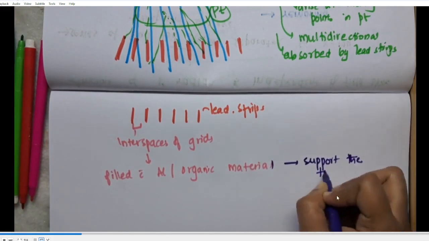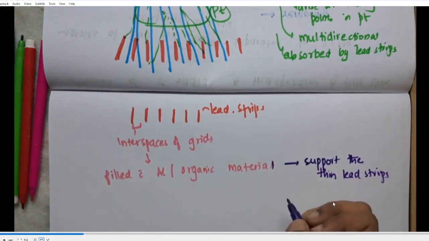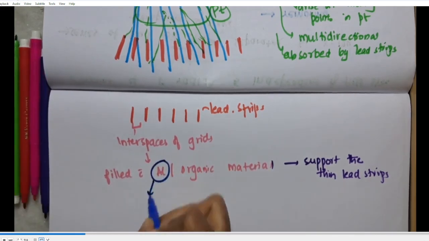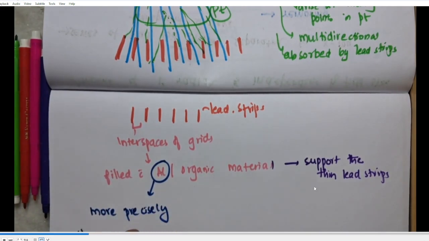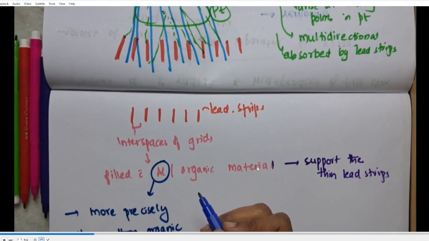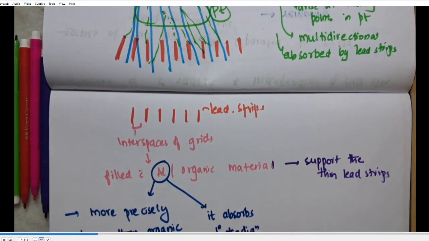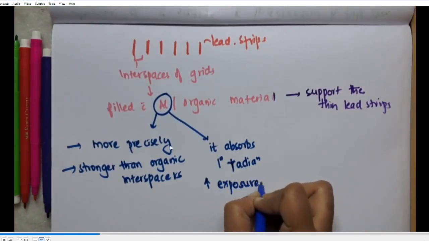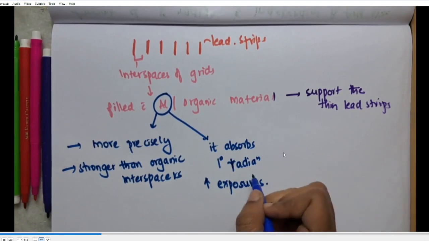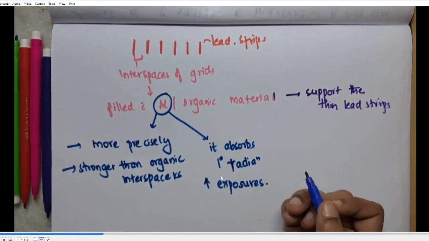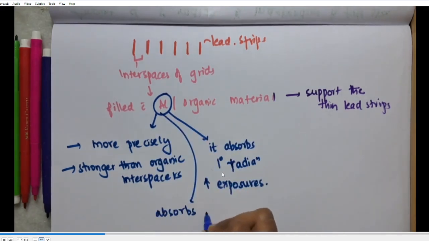The main purpose of this interspace is to support the thin lead foil strips. The aluminium interspace grids can be manufactured probably more precisely, and they are structurally stronger than organic interspacers. The patient exposures are higher with aluminium, as aluminium absorbs more primary radiation, and it also absorbs more secondary radiation.